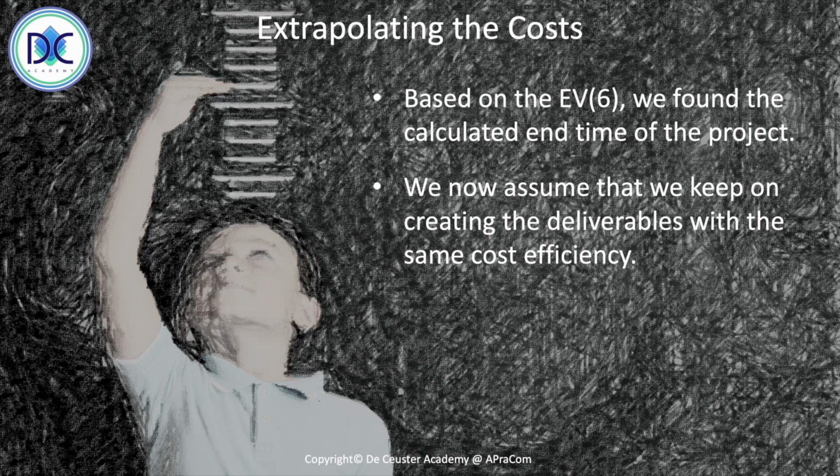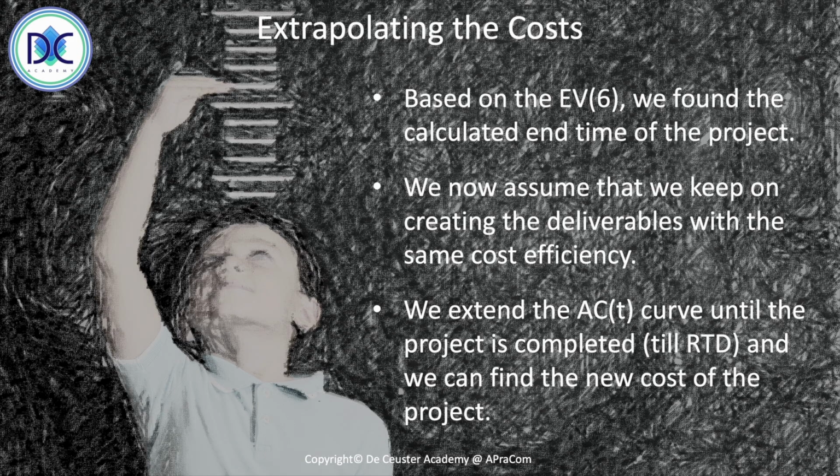We assume we're going to create the deliverables until all the deliverables have been created, and we're going to do that with the same efficiency. This results in the fact that we're going to extend the actual cost curve until the project is completed. We're using the same slope because we're assuming the same efficiency, and we can find the new cost of the project where the cost line intersects with the timeline.